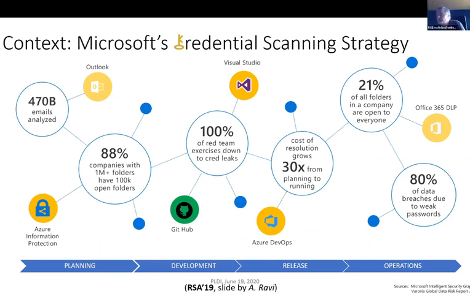I'm borrowing this slide because it highlights one of the things I was surprised about, that 100% of the red team incidents turn out to lead to credential leaks being the origin of the problem that they're solving. So it's a highly important problem, and it occurs in different parts of the development.